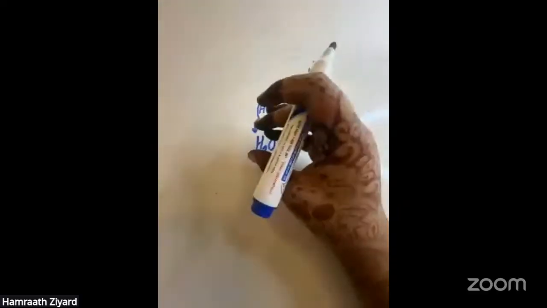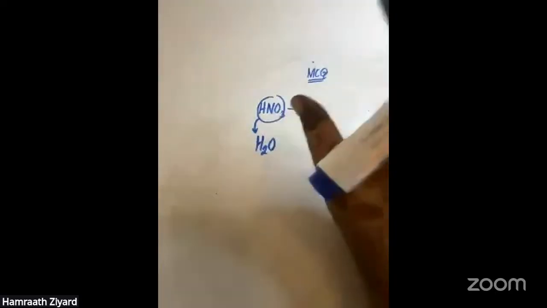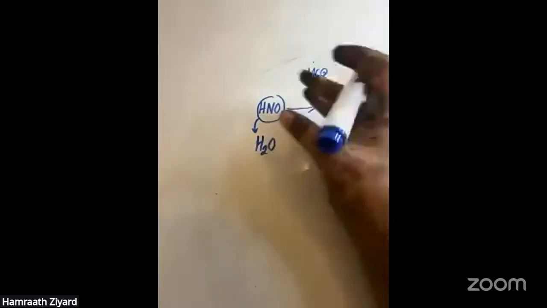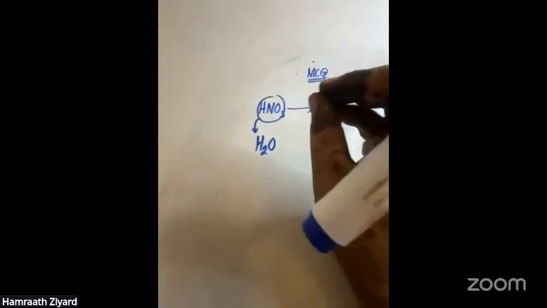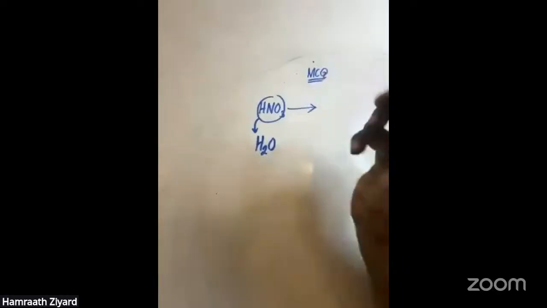Now nitric acid is added to the water. That's why I said that acid will release H plus ion in an aqueous medium. So you should not forget, in the weak acid as well as in the strong acid, there will be water.